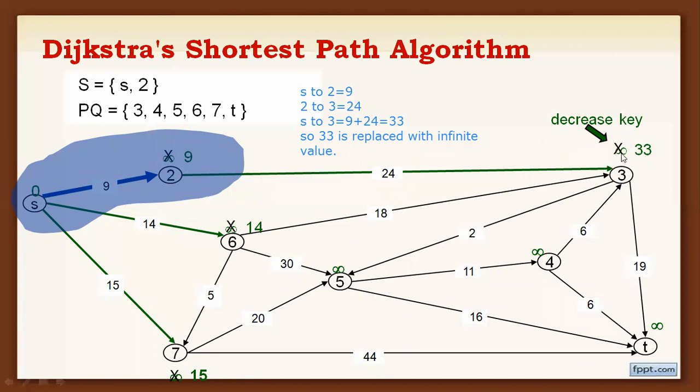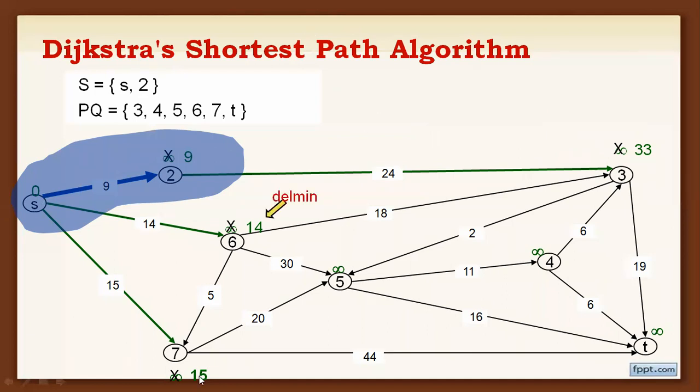So infinity is replaced by 33 here. Next, I can select another way of moving from vertex S to 3. So this is one of the ways of moving from vertex S to vertex 3 with a total cost of 33. Now we will see another way.